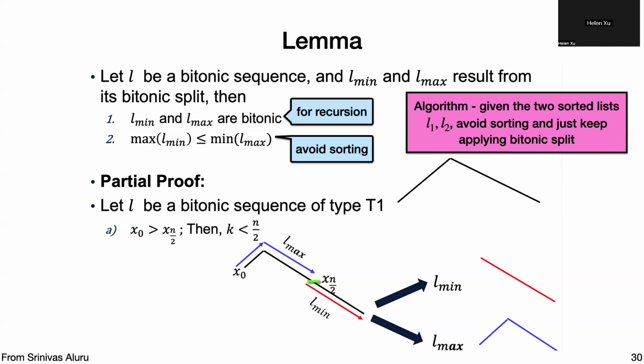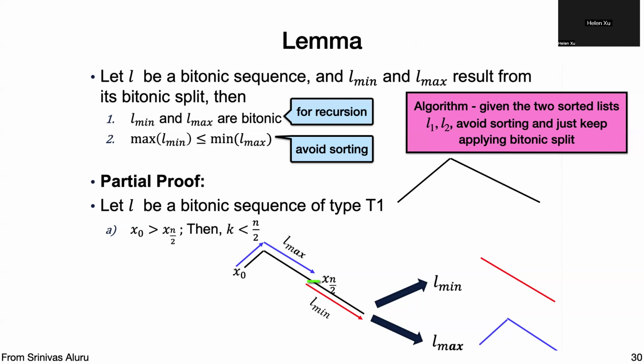The proof is actually not that hard, but it's mechanical. You just have to go through the cases, using the cases for Bitonic sequence that we had, type T1 and so on. Type T1 is up and then down.